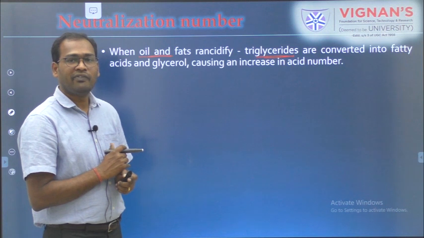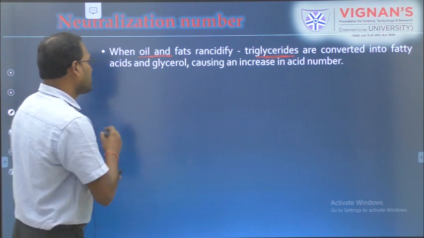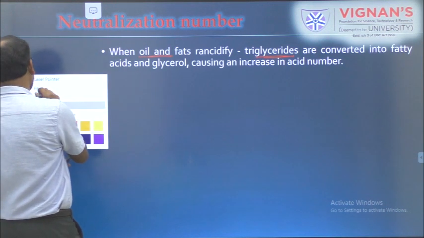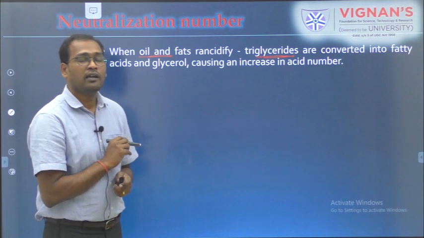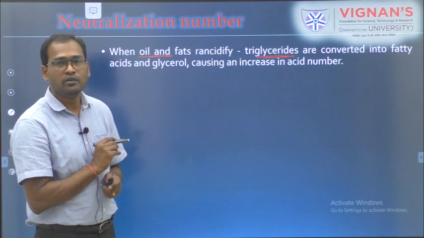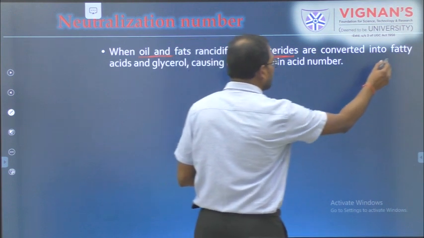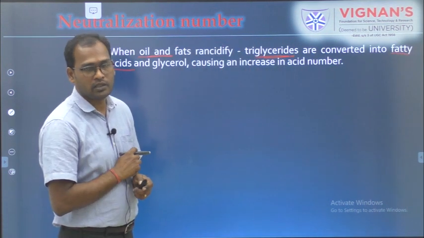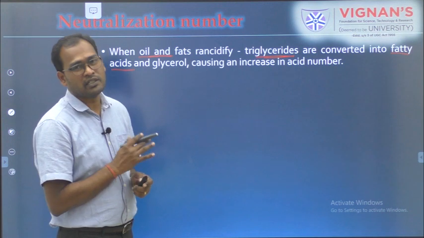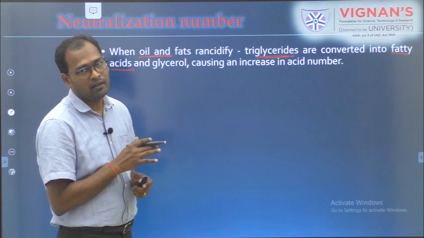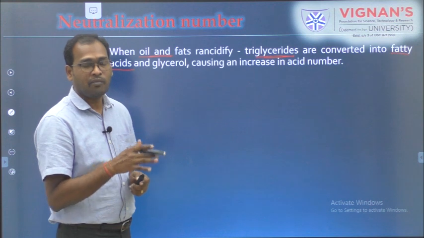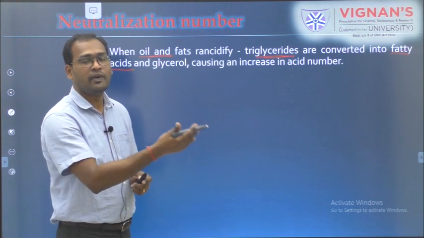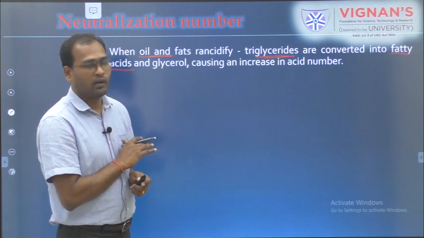So oils and fats are nothing but triglycerides, and these triglycerides are easily converted into their respective fatty acids by simple hydrolysis. This hydrolysis gives you the acid in the system, and because of this acid, the acid value can be calculated.